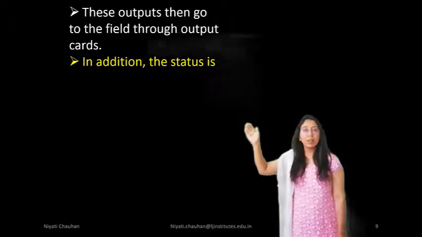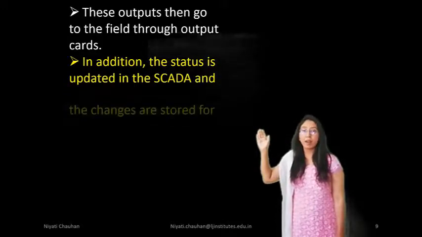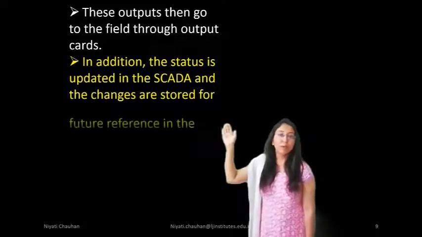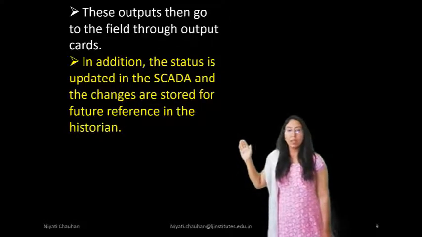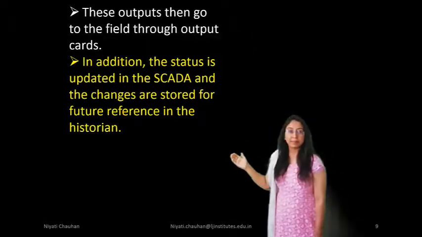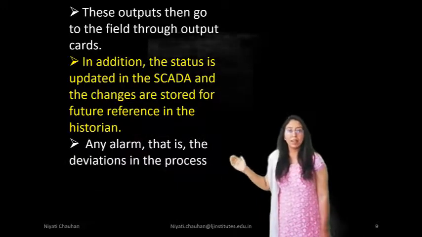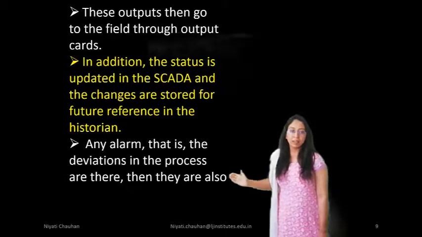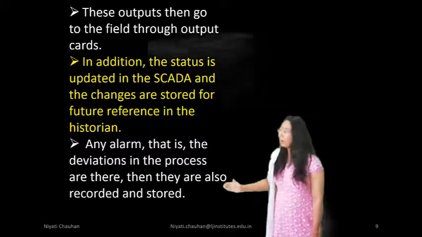And additionally, the status is updated in the SCADA and the changes are stored for future reference in the Historian. Any alarm, that is, deviations in the process, are also recorded and stored.